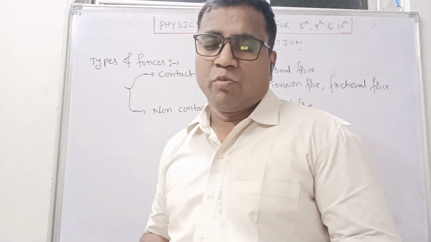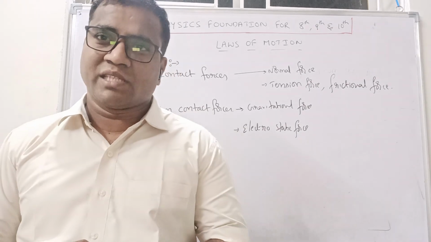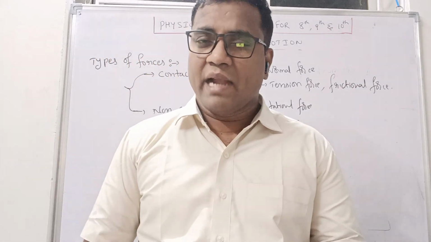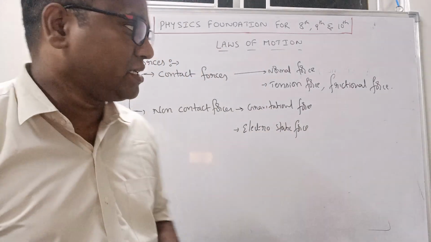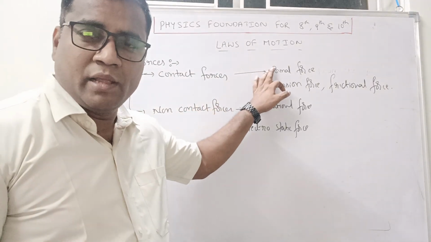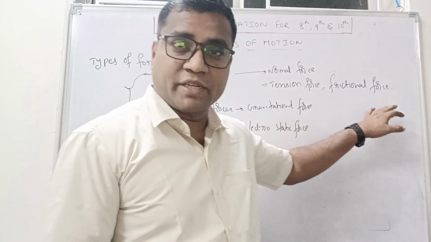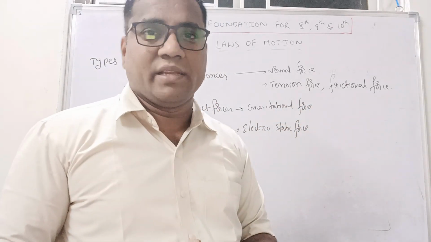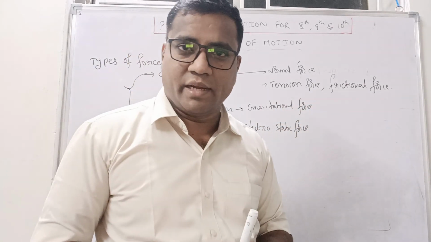Clear? I hope you understood. First we discussed FBD, the free body diagram, and second, types of forces. Among them, we are going to deal with only contact forces: normal, tension, and friction. These three we will discuss in the next class. I hope you understood. Thank you.